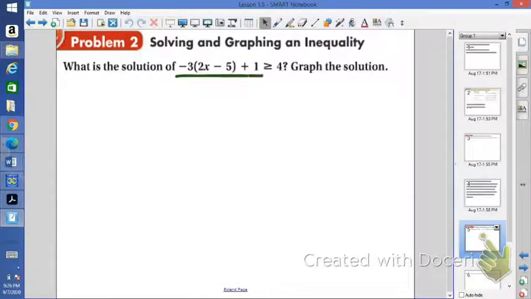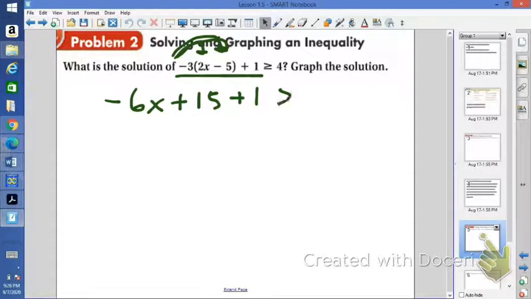And in this case, we can simplify this, and we're going to do it by distributing the negative 3 to the 2x and the negative 5. So negative 3 times 2x is going to give us a negative 6x. A negative 3 times a negative 5 is going to give us a positive 15. And then we're going to add 1, and that has to be greater than or equal to 4.